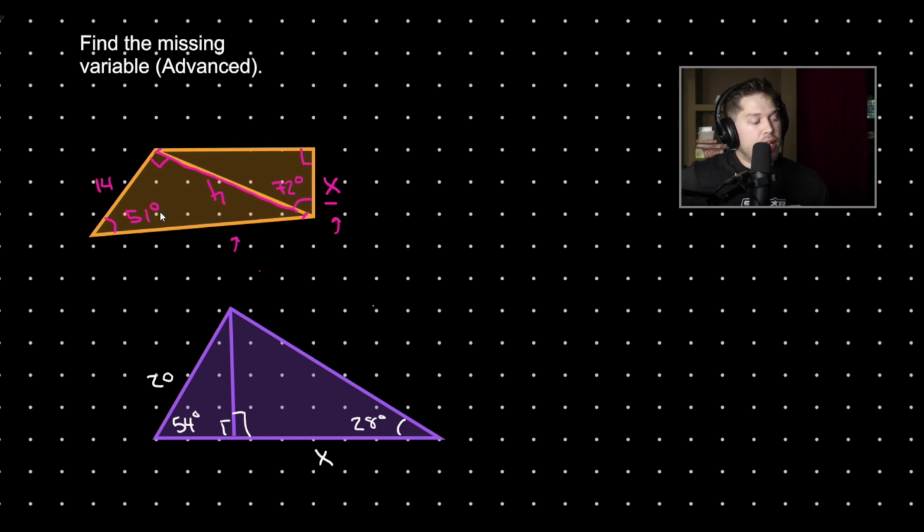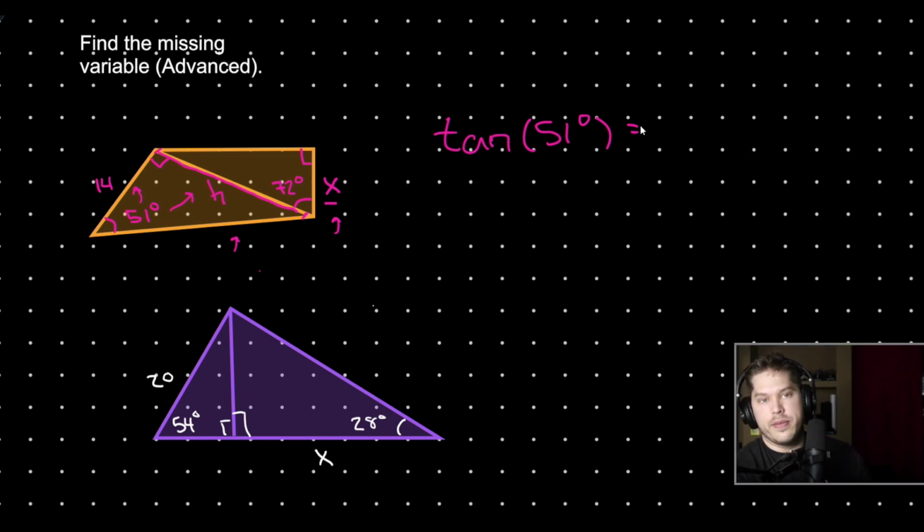Well, we know that this angle is 51 degrees. What do we have? We have the opposite side, and we have the adjacent side. So we can use tangent of 51 degrees. We can have tangent of 51 and set this equal to, here I need to move myself again, move myself down here.